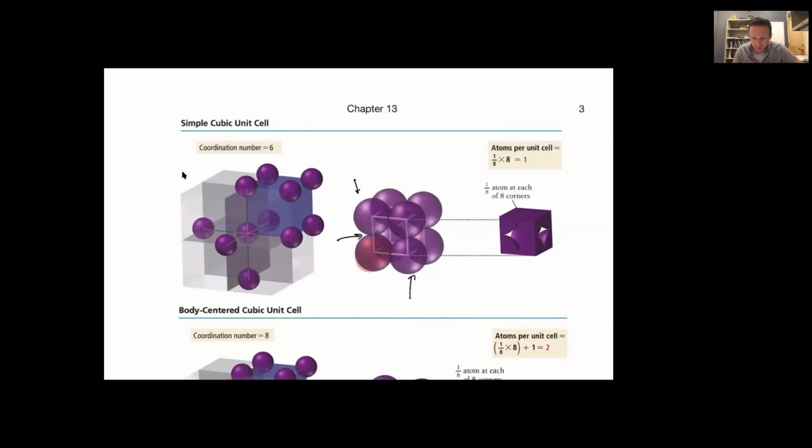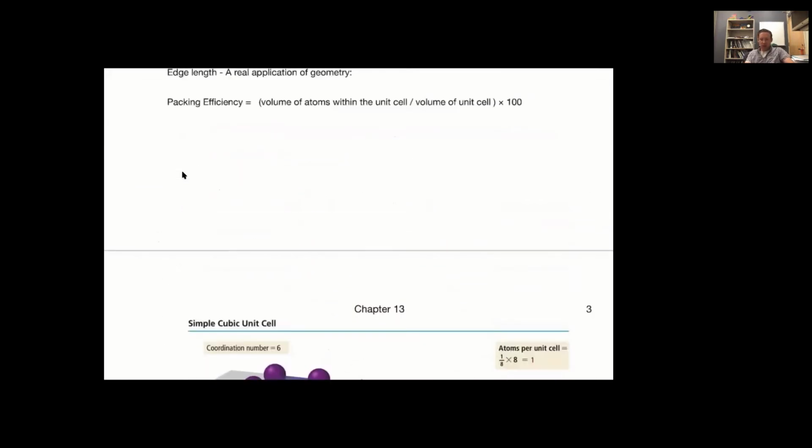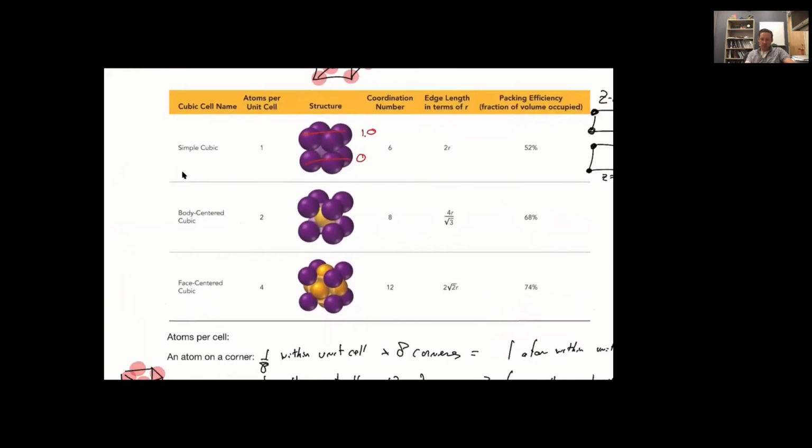Looking at that one in the front, it's interacting with 3 more in the same unit cell, above, to the right, and behind. But it's also interacting with atoms in neighboring unit cells, 3 other ones. It would be interacting with 1 to the left, 1 in front, and 1 below. So an atom on a corner in a unit cell is interacting with 6 other atoms, so we say that it's got a coordination number of 6.